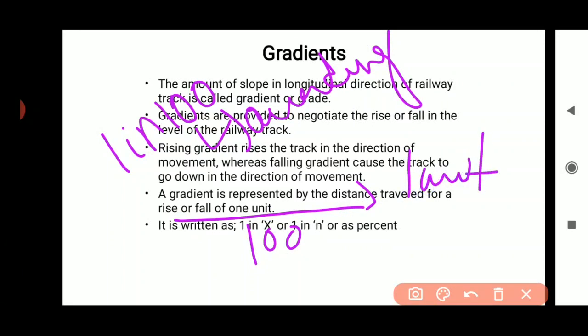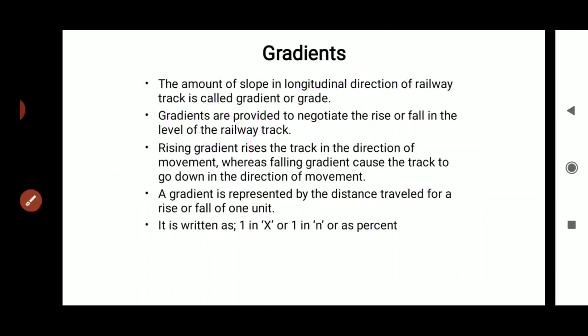Or we can represent it as a percentage also.